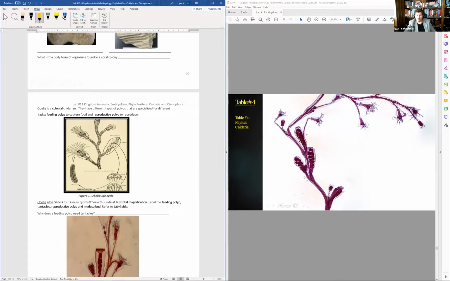Obelia is the polyp, but it will have two different, very distinct polyps. It's a colonial polyp. Those ones with the tentacles are feeding polyps. With the tentacles, they will be able to grab the food and digest it and then spread the wealth around, so to speak. Usually they are at the tips. They're feeding, so once again, they are trying to increase the collecting area for whatever food they are collecting.